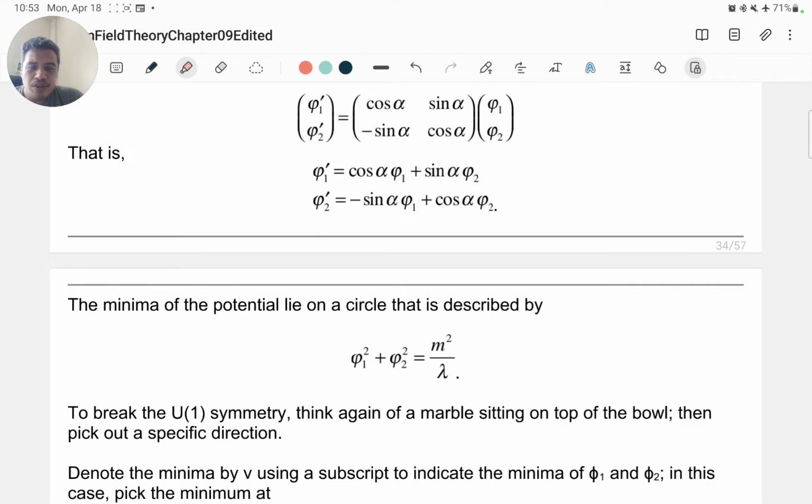By the way, you can put the fields phi 1 and phi 2 in front of the trigonometric function, so you can actually write this to avoid confusion. This is phi 1 cosine alpha plus phi 2 sine alpha, and this is negative phi 1 sine alpha plus phi 2 cosine alpha.